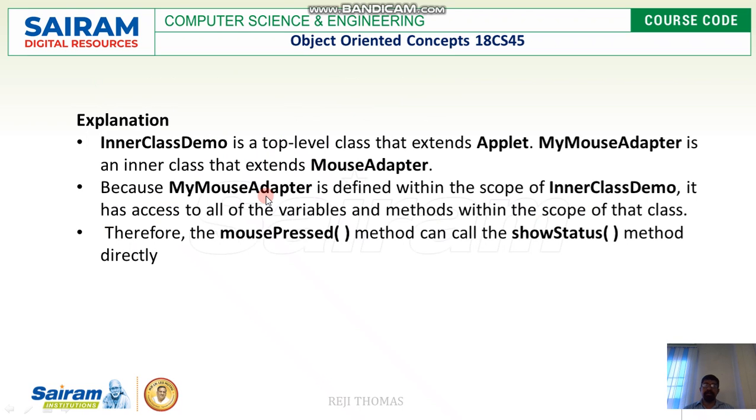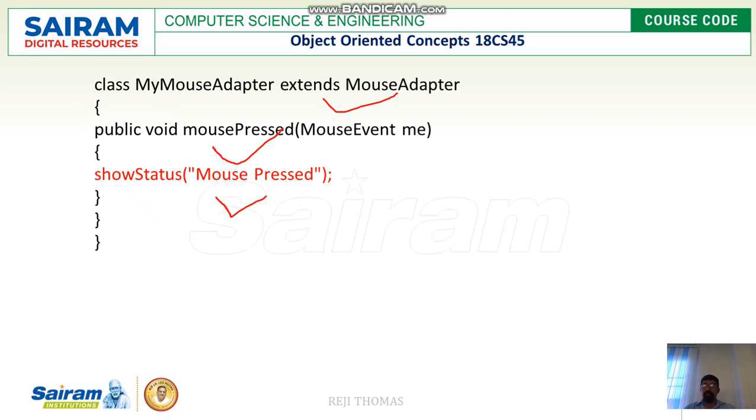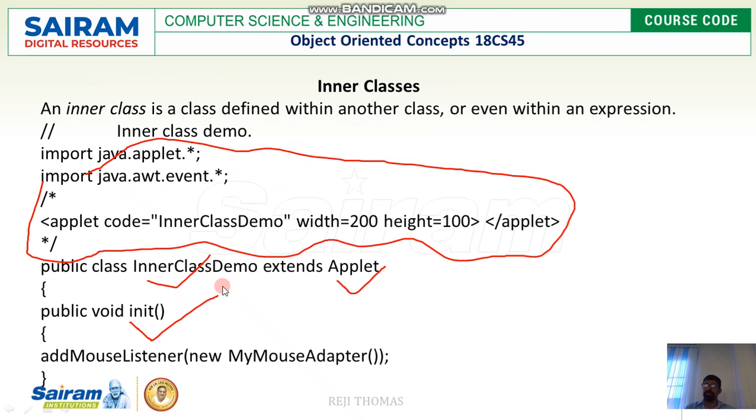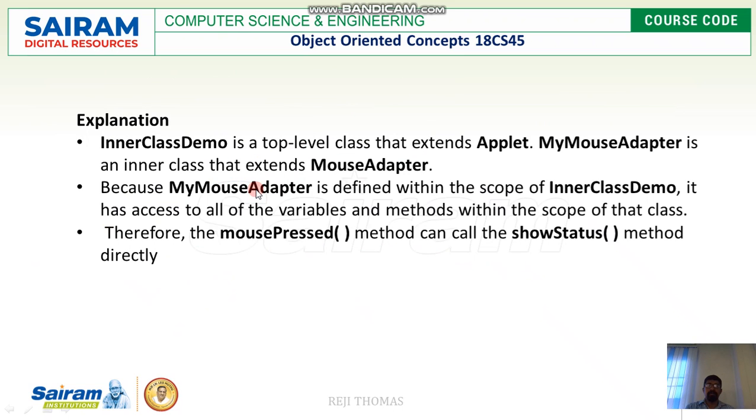Now if you look at this, in the previous case, InnerClassDemo was the top level class that extends Applet, and now MyMouseAdapter extends MouseAdapter. Here I'm going to use the showStatus method directly. Why? Because this is part of the inner class.